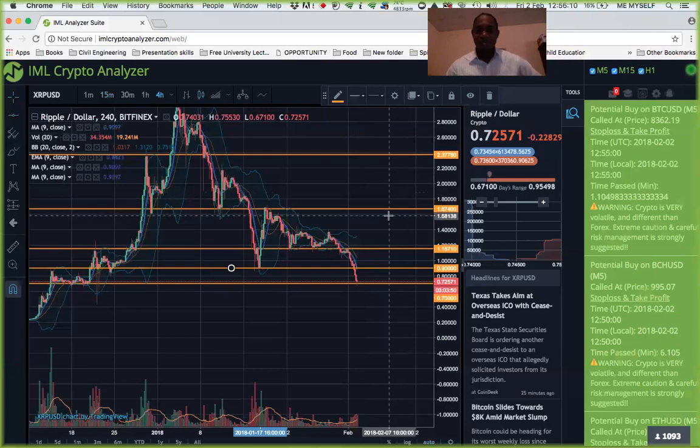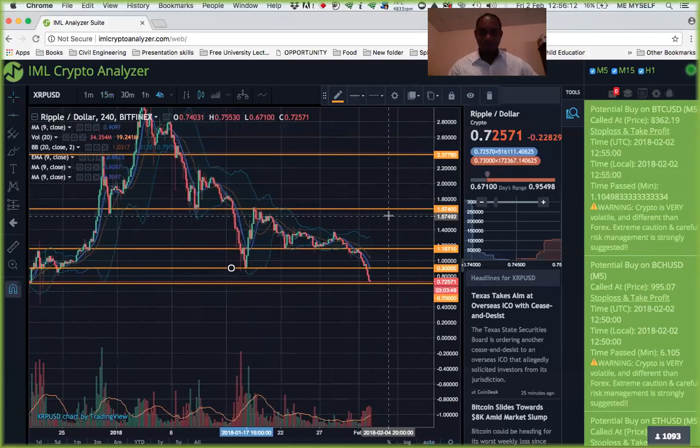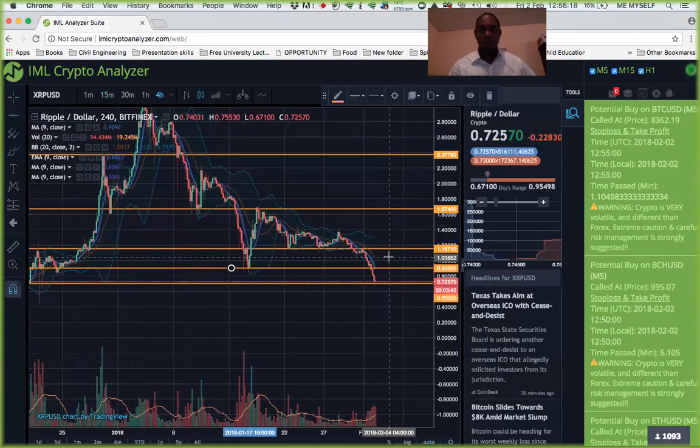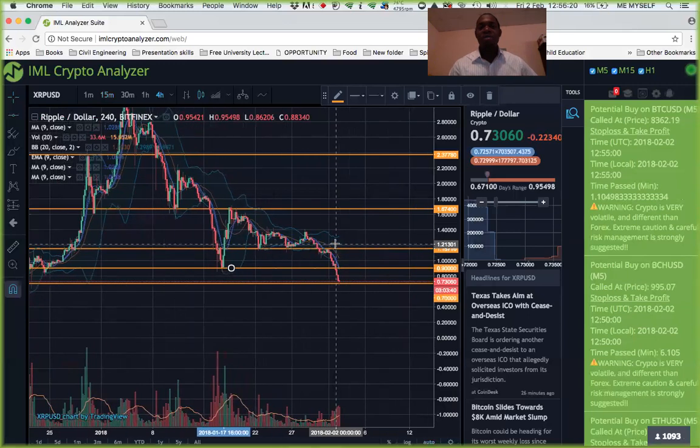All right, let's continue with this strategy. So I've identified where my possible bends are. And also, looking at the bigger time frame, it allows you to get a feel of where your trend is.